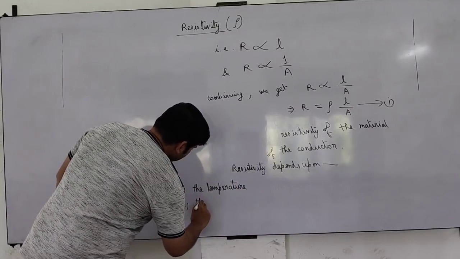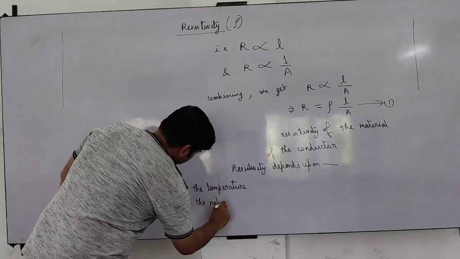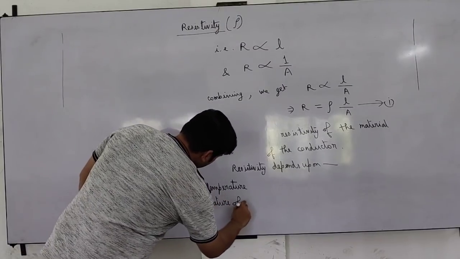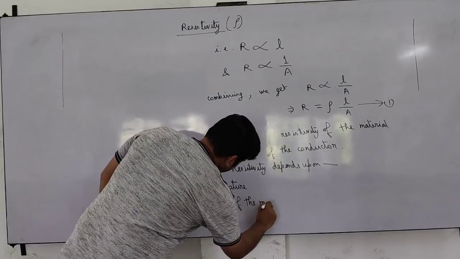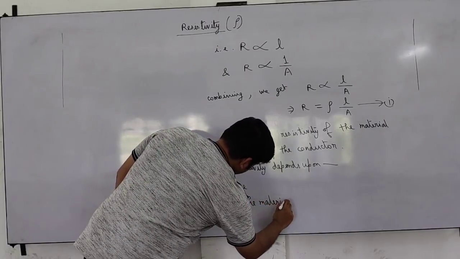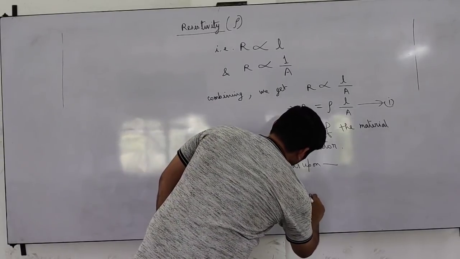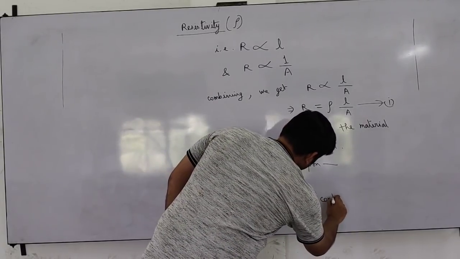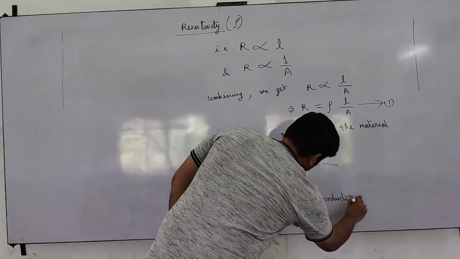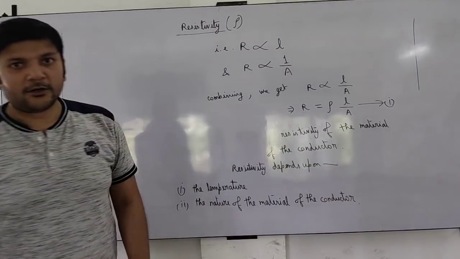Number two is the nature of the material of the conductor.